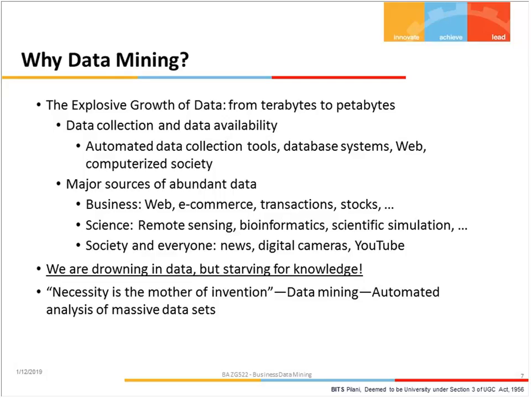So if we look at a little historical perspective, earlier we used to have megabytes of data, and then we used to produce reports. A report can be that a clerk makes a report showing all the customers and how much they have to pay, so he can follow up with them or charge the interest or whatever is required.